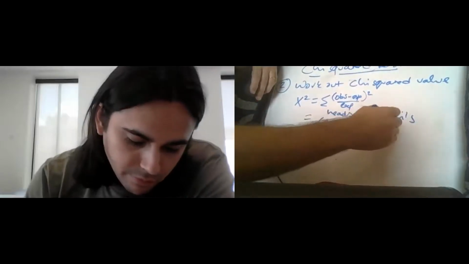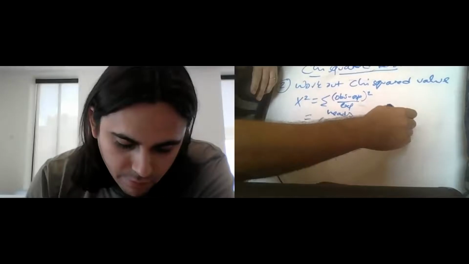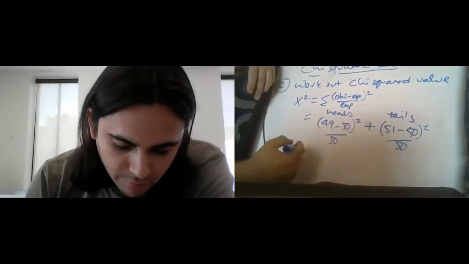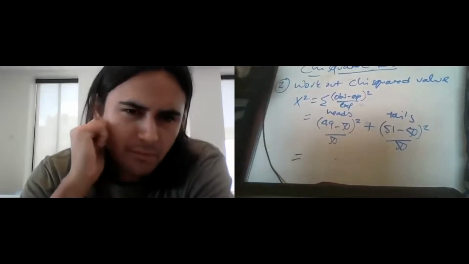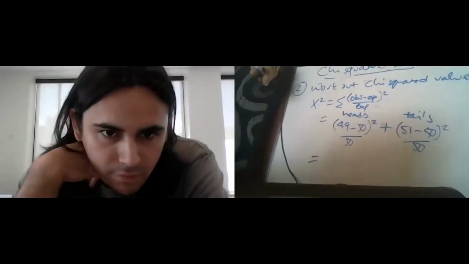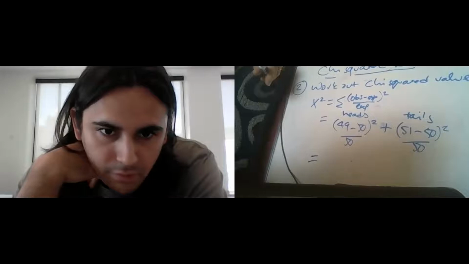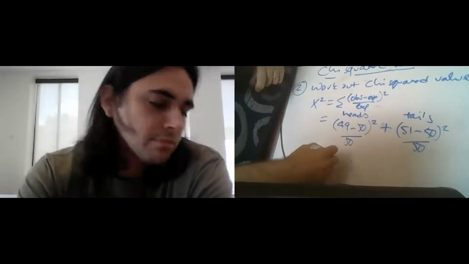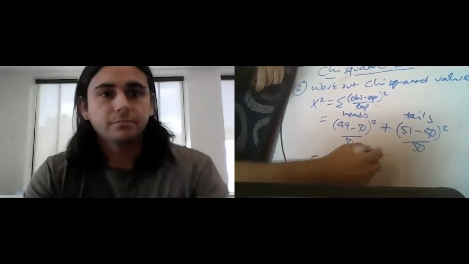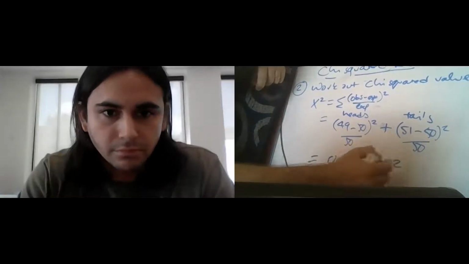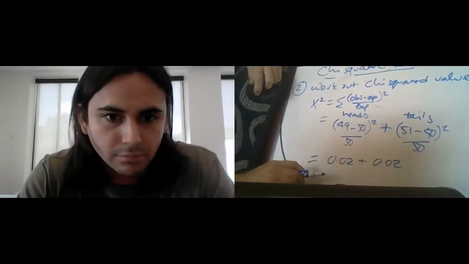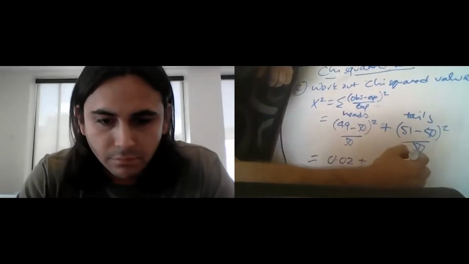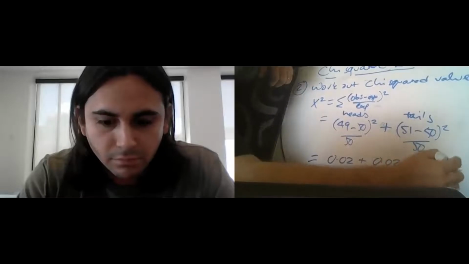So that's going to be 51 minus 50, squared, over 50. And that will be, actually 1 over 50 is 0.02. So that'll be 0.02 plus 0.02, equals 0.04.